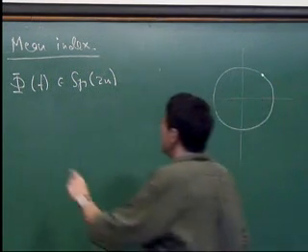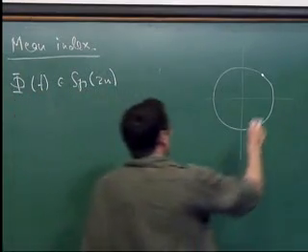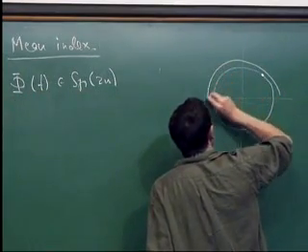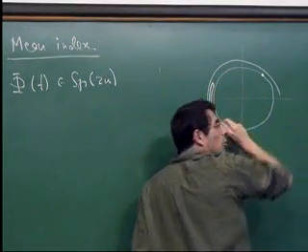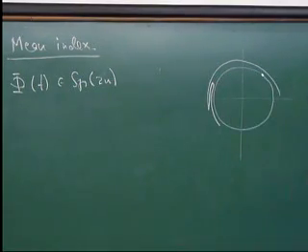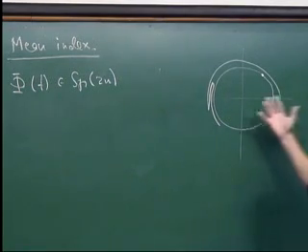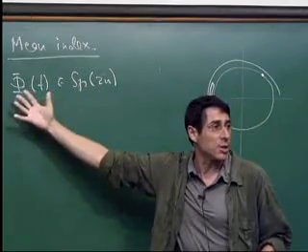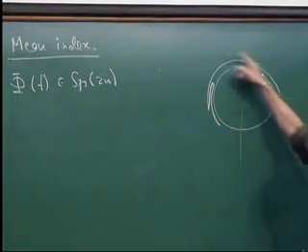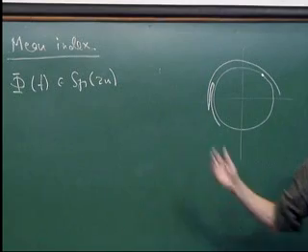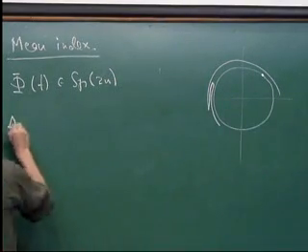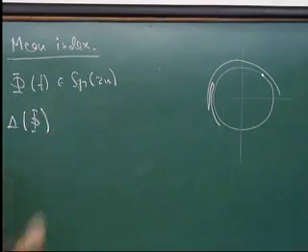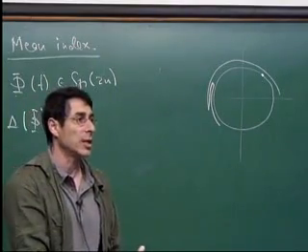Then as t changes, the eigenvalues move on the unit circle, maybe bifurcate, etc. But let's assume for a second that no new eigenvalues on the unit circle occur in the process of deformation. Then every eigenvalue will sweep an angle, and the mean index of the path phi is just the total angle swept by all eigenvalues.